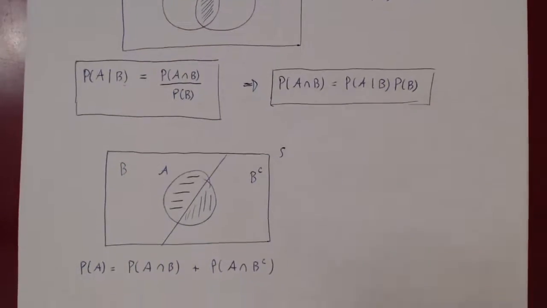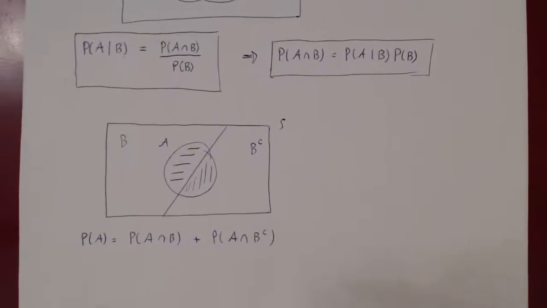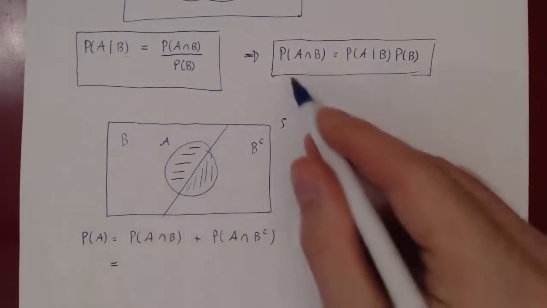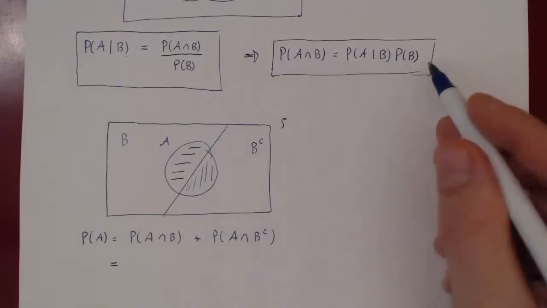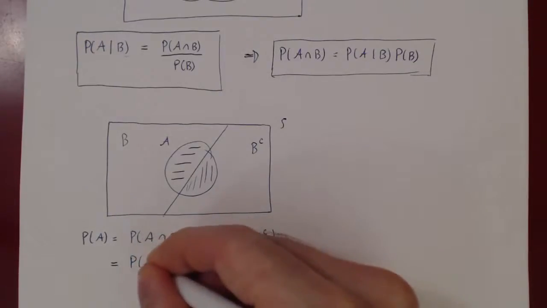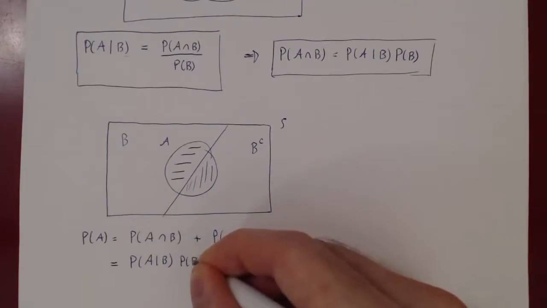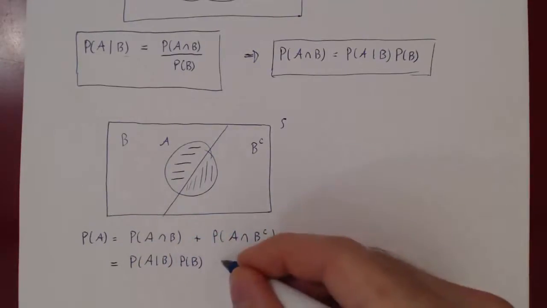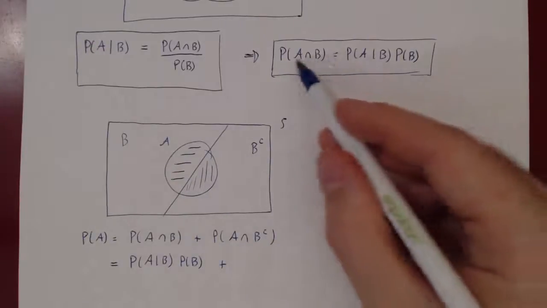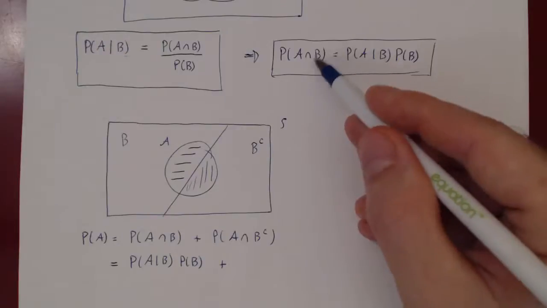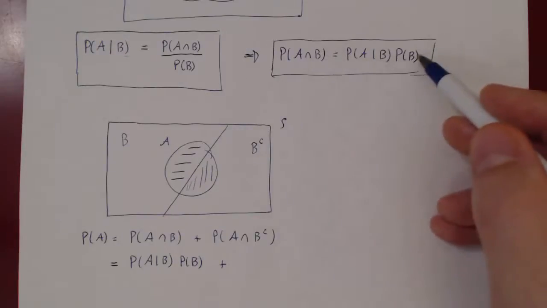So let's see. P of A intersects B, well, that's just P of A given B times P of B, plus, and now this result is true for any event B, so we can replace B by anything we want.